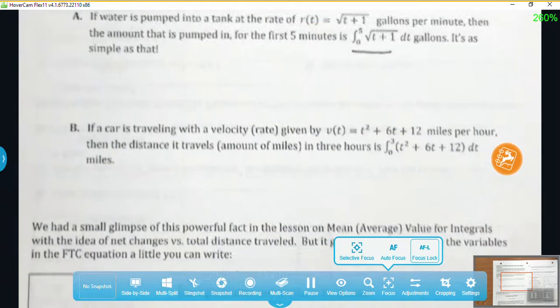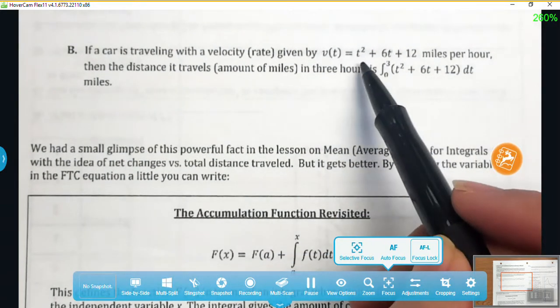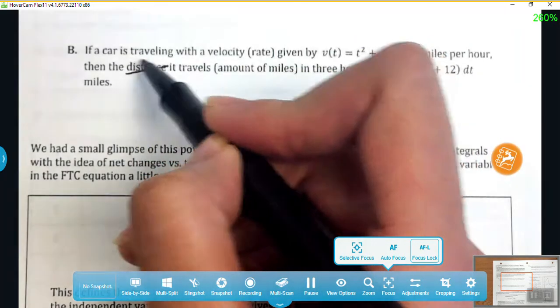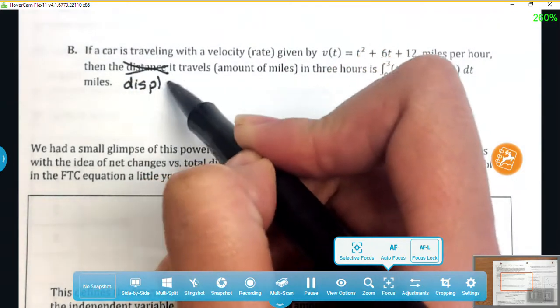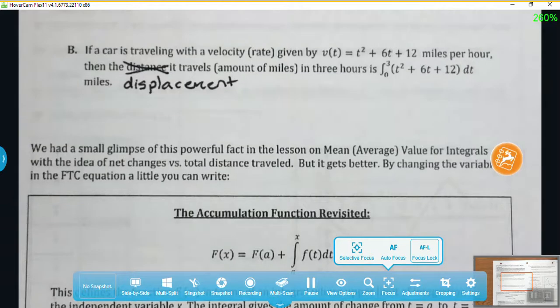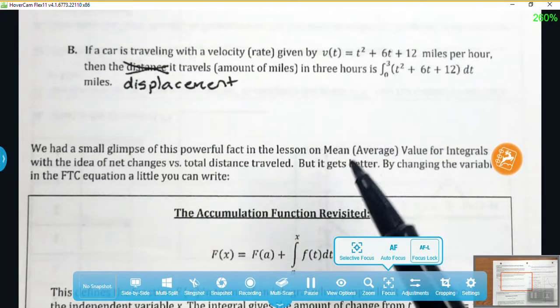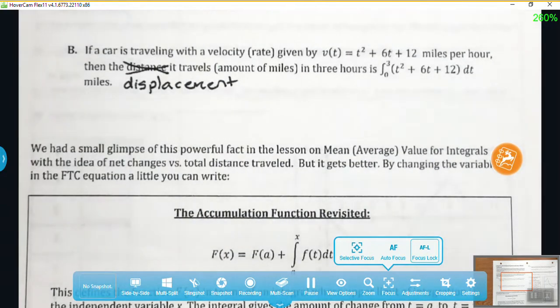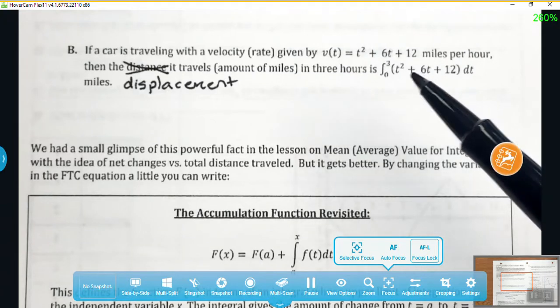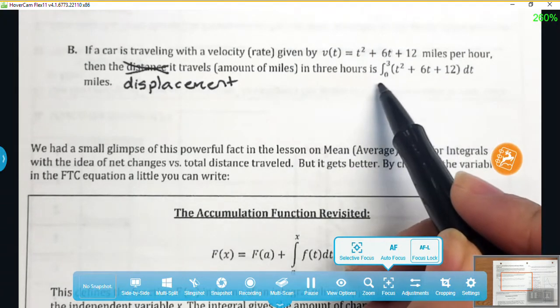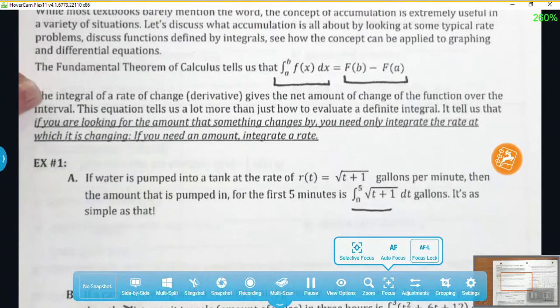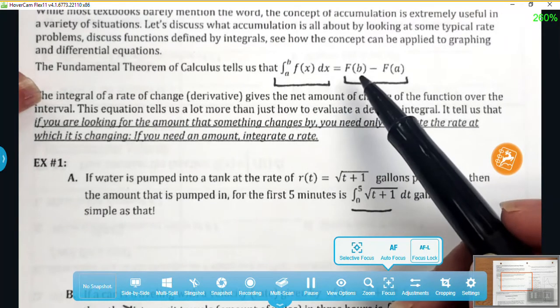And if you're traveling with a velocity and you want to know the total displacement in 3 hours, it's just the integral from 0 to 3 of the velocity function, right?